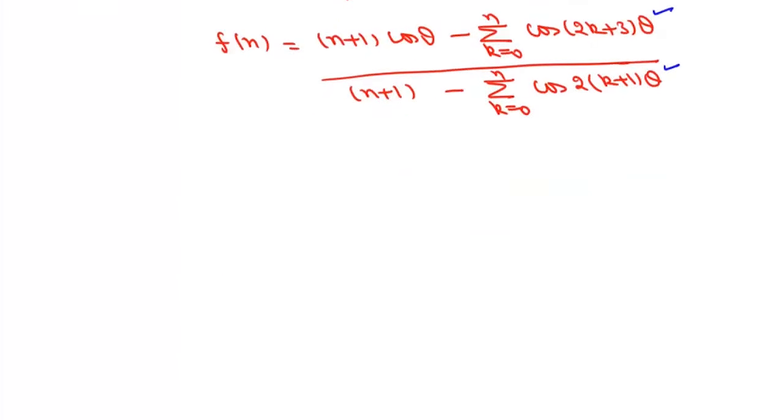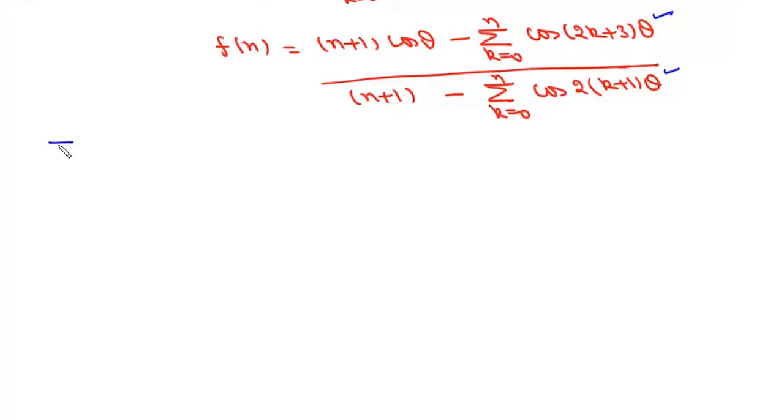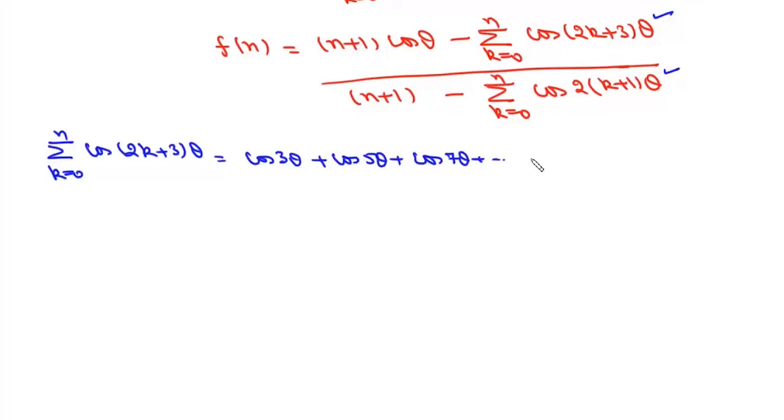Now first we'll simplify these two summations. The first summation is the summation, k varies from 0 to n, of cos(2k+3)theta. If we put k as 0, it will be cos 3 theta, cos 5 theta, cos 7 theta up to cos(2n+3)theta, where the angles are in AP. In this case, the value of alpha is 3 theta and the value of beta is 2 theta, that's your common difference.